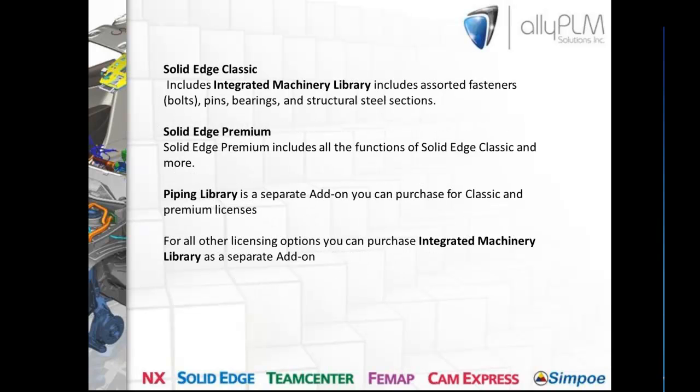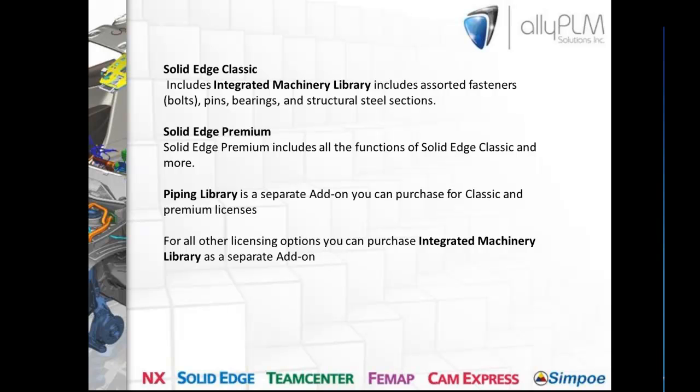So as far as licensing is concerned, with the seat of Classic and Premium, you get machinery library. That machinery library is a database of all the standard part components, and you don't have to pay any extra charge for machinery library if you have a Classic or Premium license.